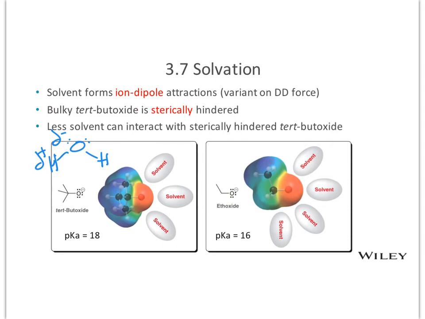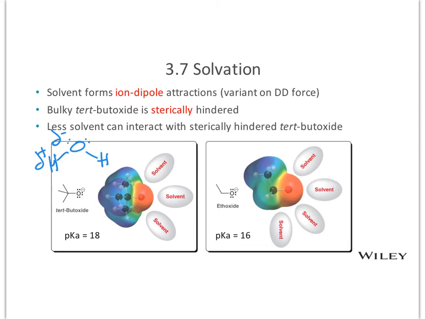But because there is less bulk associated with the anion of ethanol, the ethoxide, I'm able to surround it with more solvent molecules, again maybe more water molecules. These types of intermolecular force interactions are stabilizing. They're going to stabilize the system. So as I have more stabilizing interactions, I'm going to get a more stable conjugate base, therefore a lower pKa.